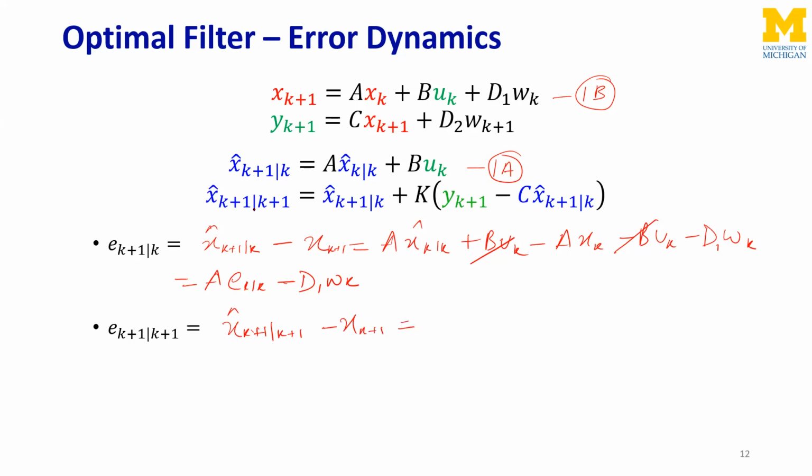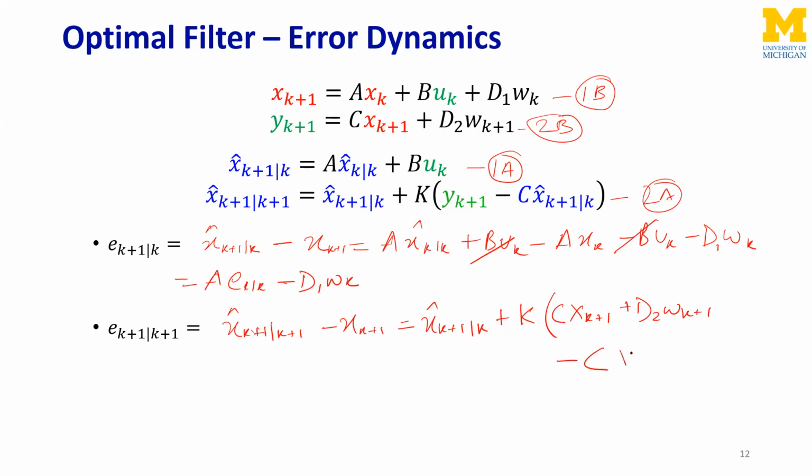And x hat k plus 1 given k plus 1 is given by x hat k plus 1 given k plus K times the innovation. I'm going to call these 2a and 2b. From 2b, I have C x k plus 1 plus D2 w k plus 1, and then I'm going to subtract C x hat k plus 1 given k.